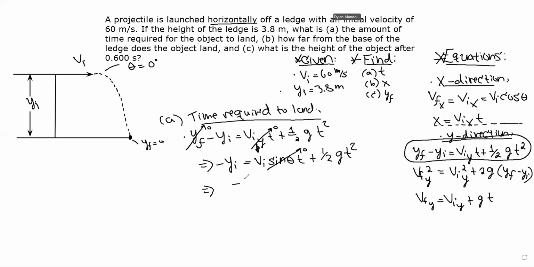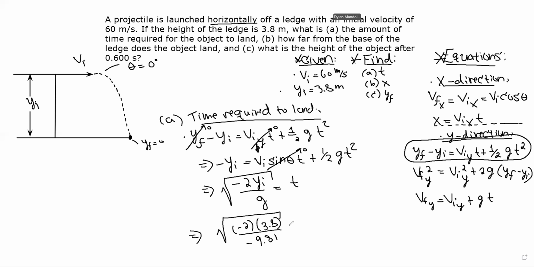So multiply both sides by 2. Divide by g. This is equal to t squared. Square root both sides. Negative 2 times 3.8 divided by negative 9.81, all square rooted, is equal to t.